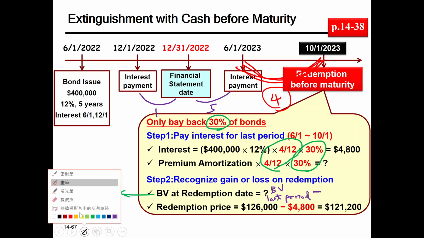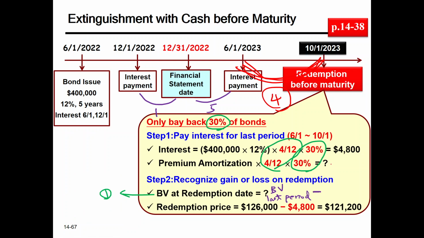Decrease the number we got from here, right? So if that's A, based on that A, we will get the book value at redemption date. Last period minus premium amortization. Okay? So this is the first number we need.